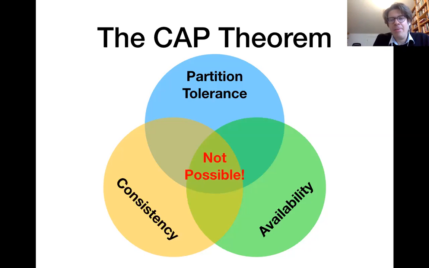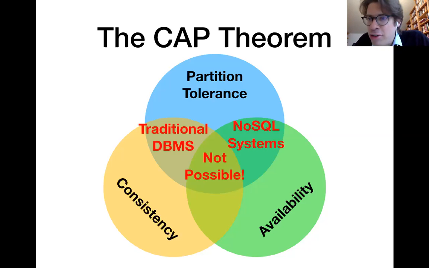Now, among the remaining options, traditional database management systems would typically prioritize consistency above everything else. So this is where traditional database management systems are located, at the intersection between consistency and partition tolerance.